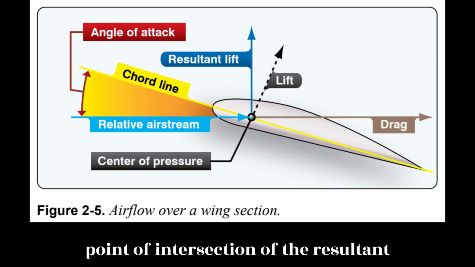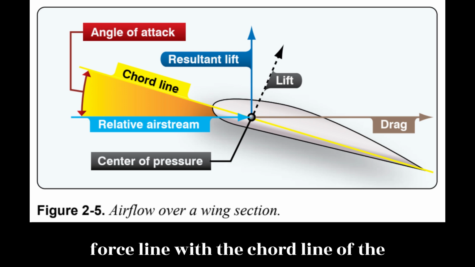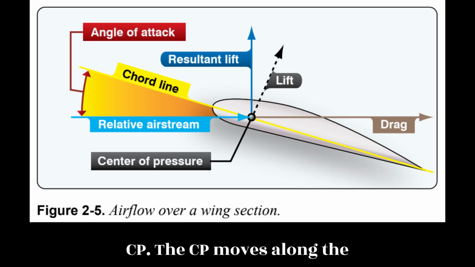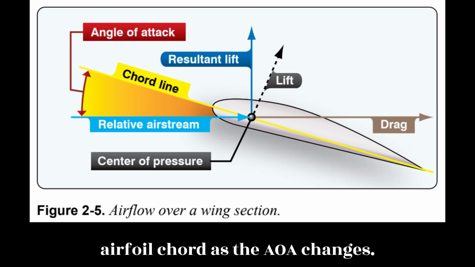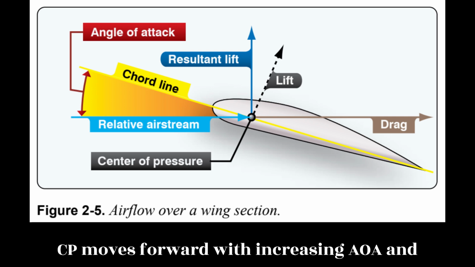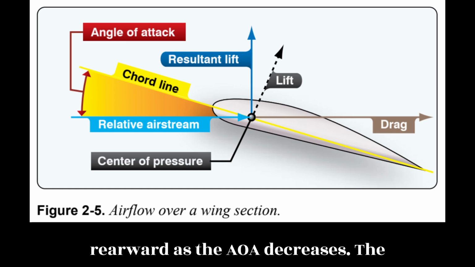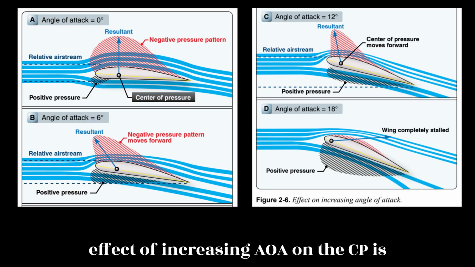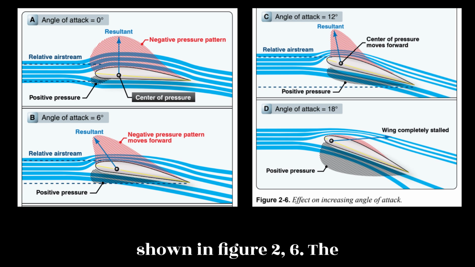The point of intersection of the resultant force line with the chord line of the airfoil is called the center of pressure, CP. The CP moves along the airfoil chord as the AOA changes. Throughout most of the flight range, the CP moves forward with increasing AOA and rearward as the AOA decreases. The effect of increasing AOA on the CP is shown in Figure 2.6.